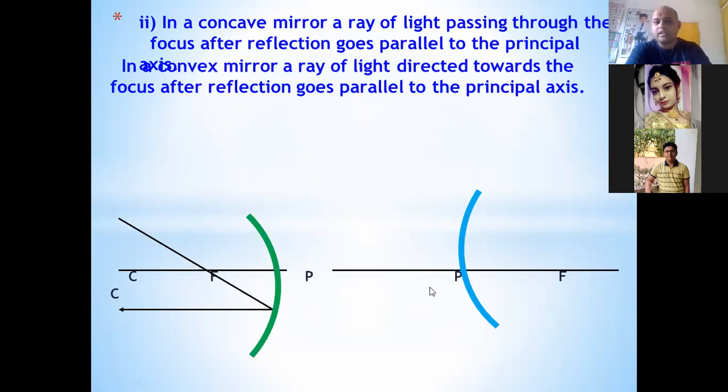Same way, in a convex mirror, a ray of light directed towards the focus, after reflection goes parallel to the principal axis. So the incident ray will actually be going in this direction.